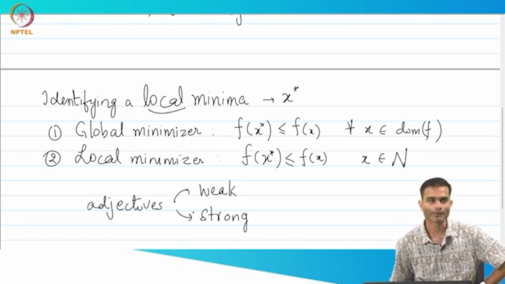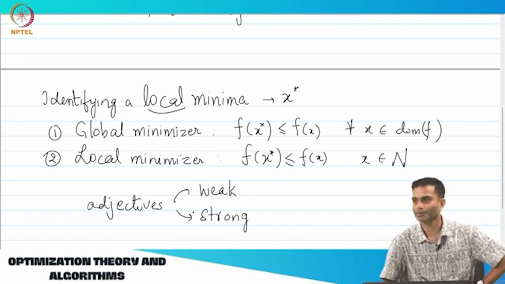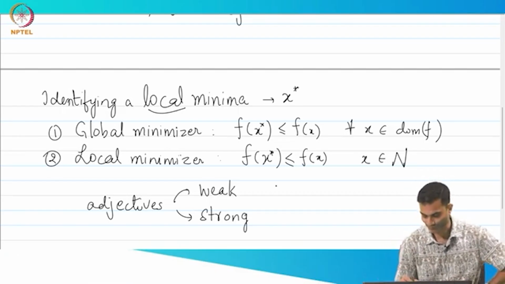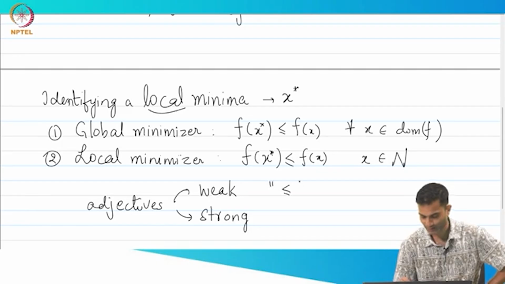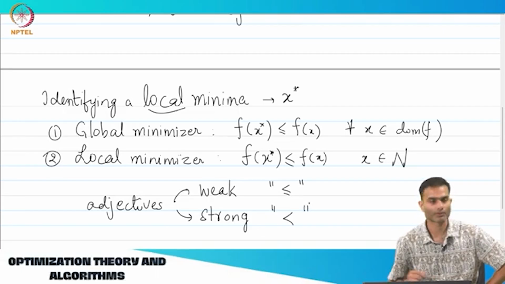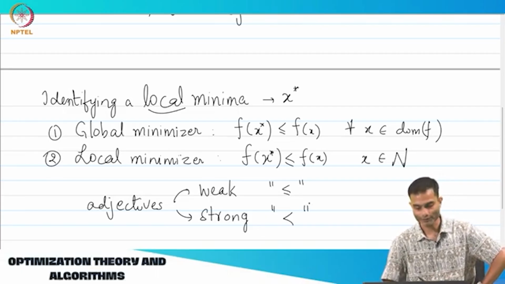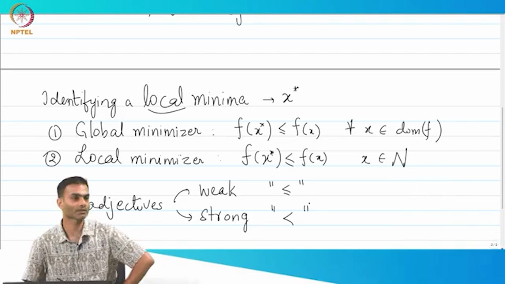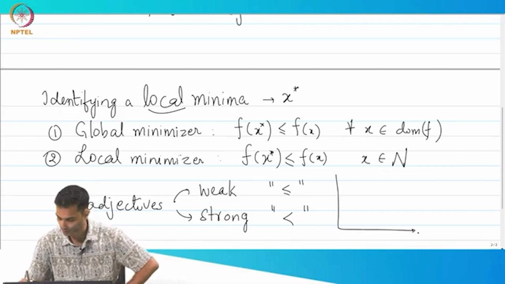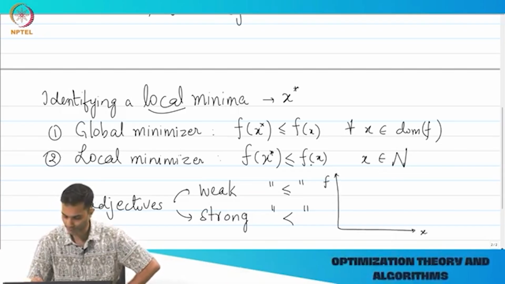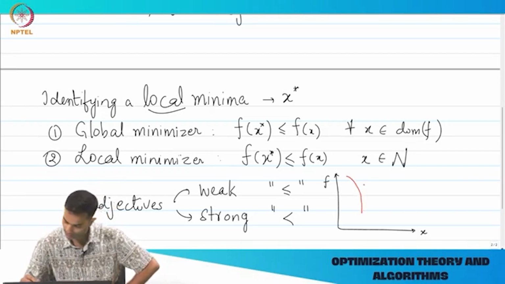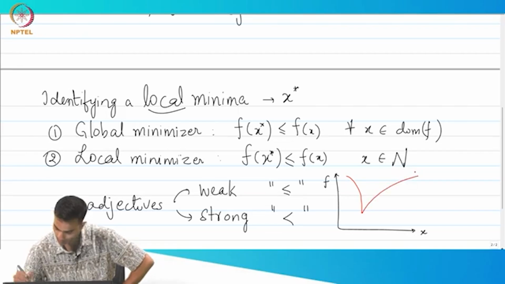So if you were in charge of definitions, weak would mean what? And what would be a strong minima? So it's a little different. If you see less than equal to, it's a weak minimizer. If you see strictly less than, it's a strong minimizer. So I can have a weak global minimizer, I can have a strong global minimizer, right? And the best way to see it is, let me plot for you. This is, let's say, x, this is f, right? And I have a function that comes like this and goes like this.